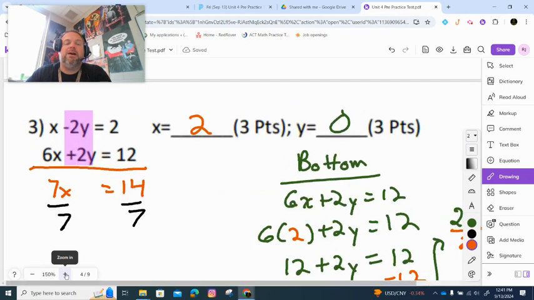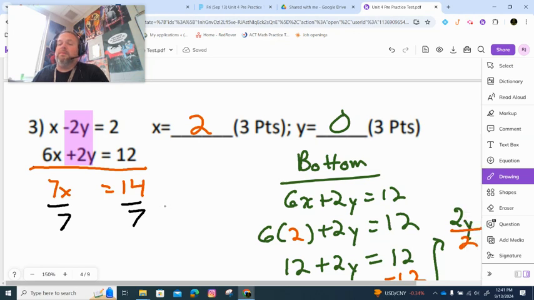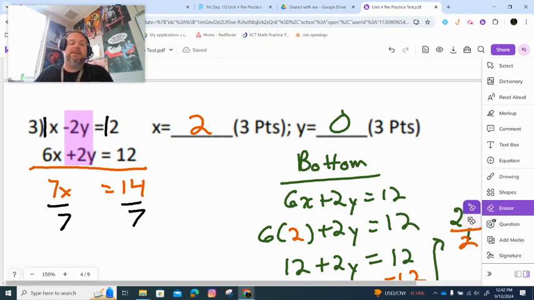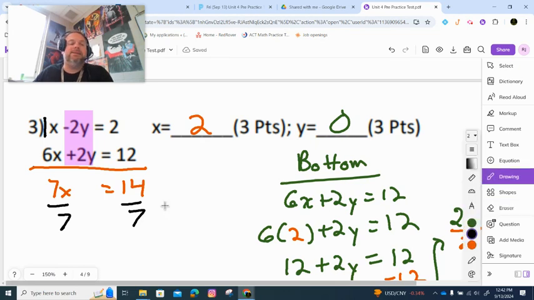You're tripping on how I got the 7x, but you're not tripping on how I got 14. Well, previously I said that we were combining these.